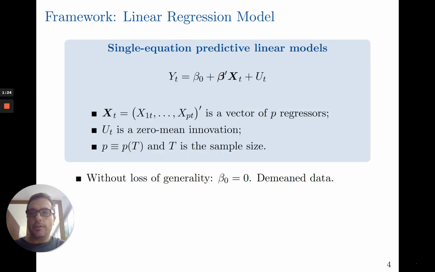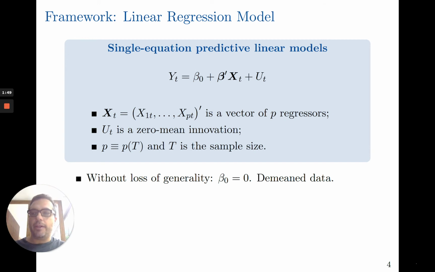So let's start with our framework, the linear regression model. We have a predictive model, so a variable y is linked to a vector variable x by a linear function. We have p regressors, so the dimension of the regressors is p.